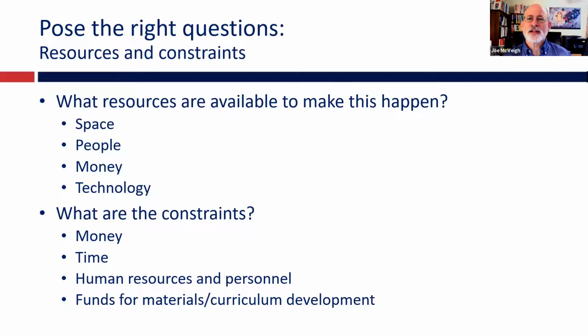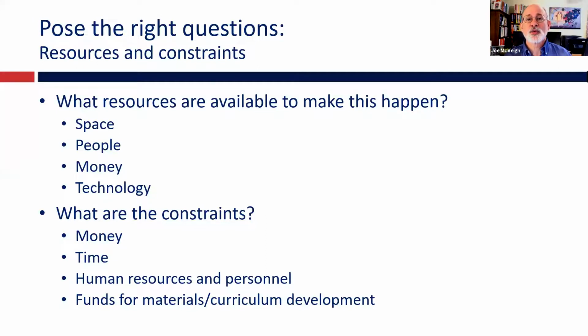But we also want to think a little bit about constraints. And constraints are, as has been pointed out in the chat, this is a great definition, a constraint is a challenge or a roadblock or an obstacle that might prevent you from achieving a goal or objectives. And the interesting thing is that some of the same things which might be resources can also sometimes be constraints. So for example, money.